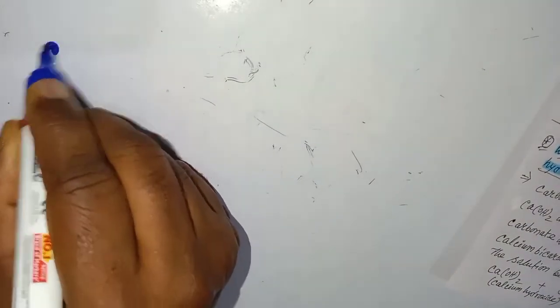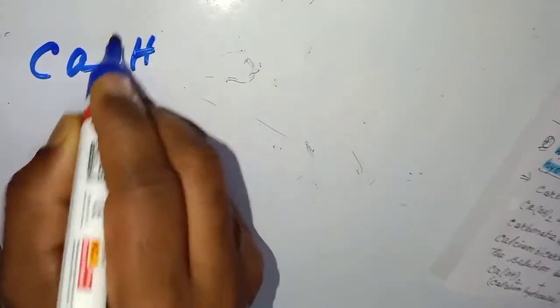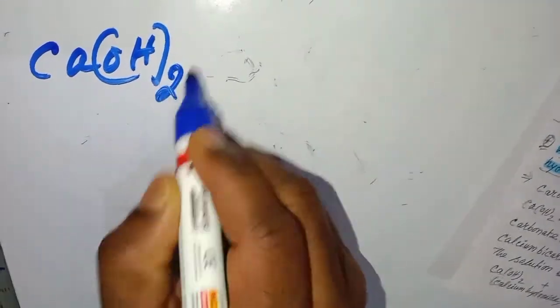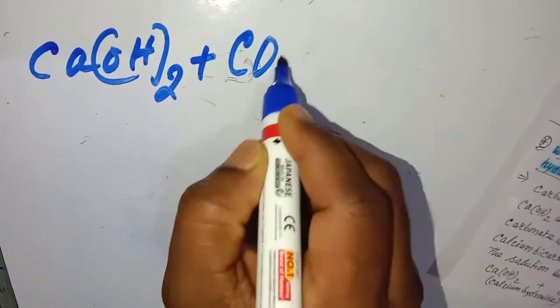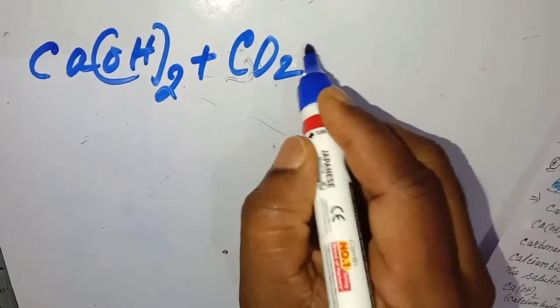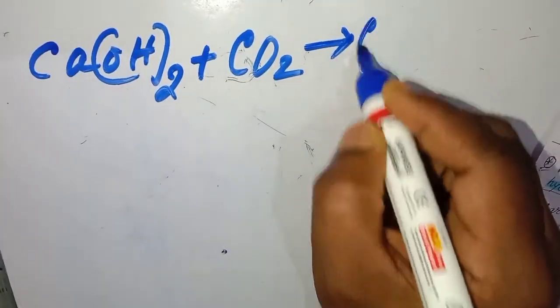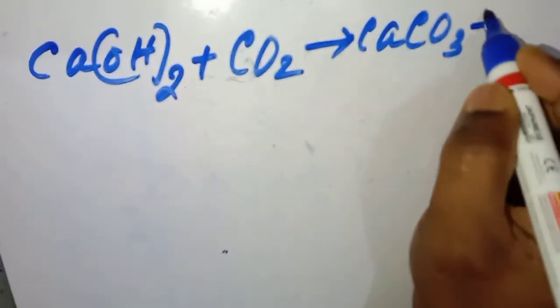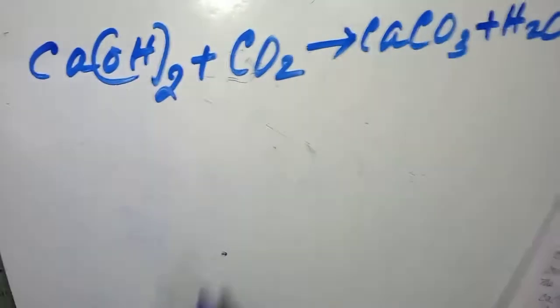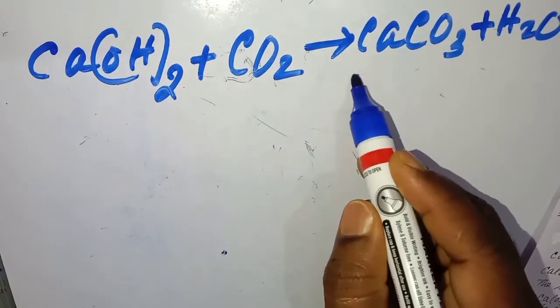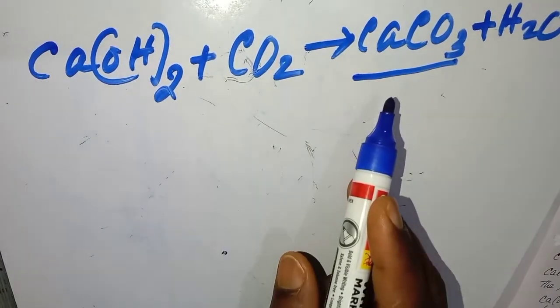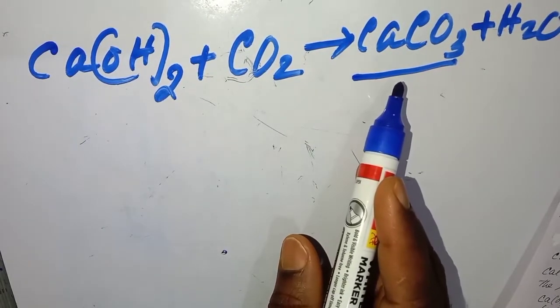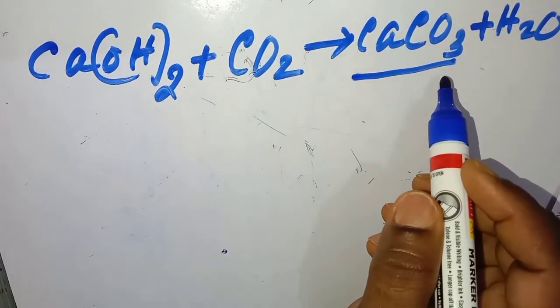At first, calcium hydroxide, Ca(OH)2, reacts with carbon dioxide to form calcium carbonate, CaCO3, plus water. This product is insoluble and milky. It is insoluble in water.